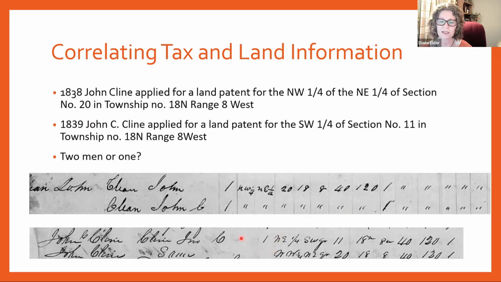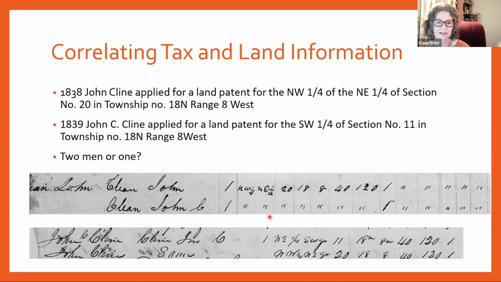So what I'm going to do is go through the several tax and land records I've got to correlate. I'm going to try to see if consistently we have this John C. Klein being taxed for the same land. Is this one man or two? I don't know. I'm still a little confused.